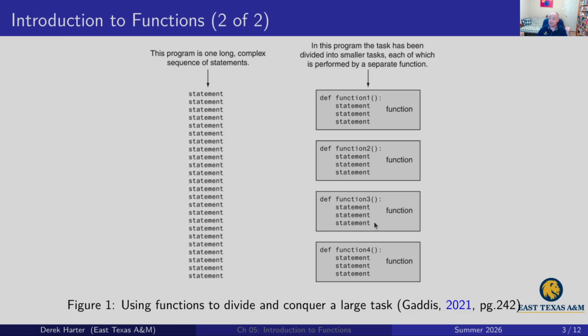It's not exactly shown here, but you would call these instead of executing all these statements in sequence. If you had to repeat some group of statements 1, 2, 3 times, you might group that into a function and then just call the function instead of copying and pasting your code.